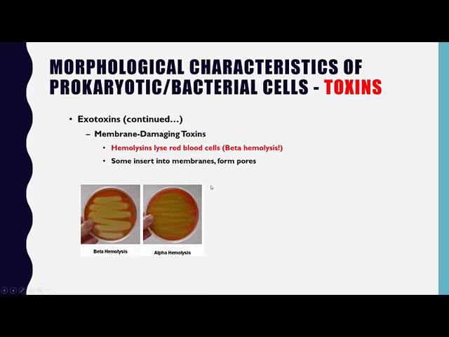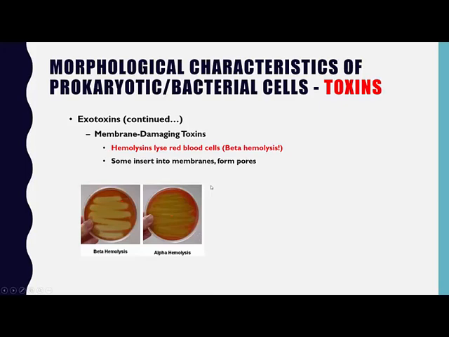So these are sheep red blood cells in agar, and they grew Streptococcus pyogenes. They released their toxin, and it caused the red blood cells to explode.